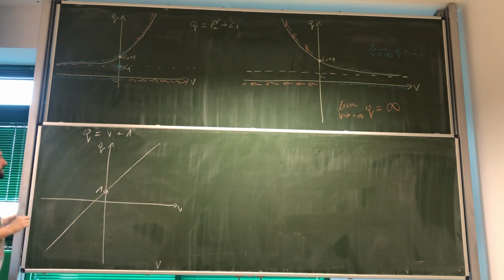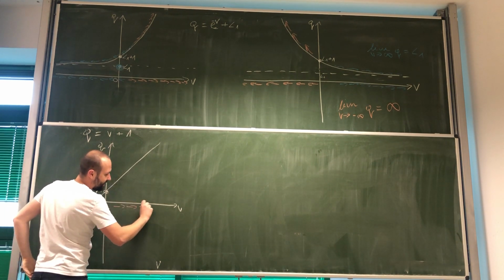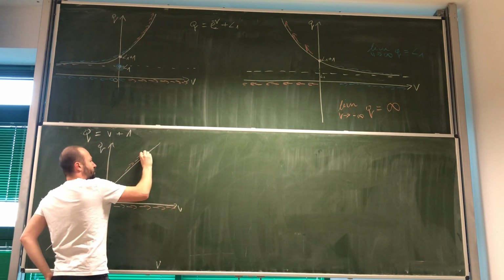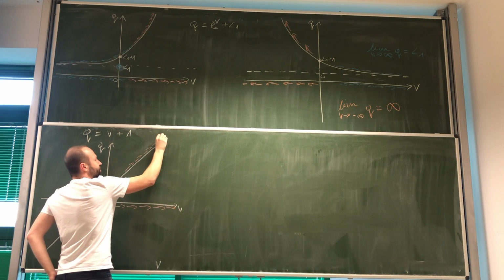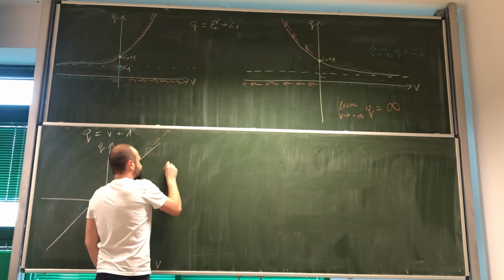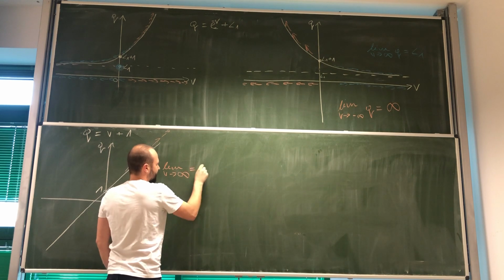Okay, and I think we can do it now very fast, right? Because it's not very problematic. What would be the limit of this function with v approaching infinity? Well, as v is getting bigger and bigger, we see that q is getting bigger and bigger as well. Will it ever stop growing? No, right? So the limit here with v approaching infinity is equal to infinity.